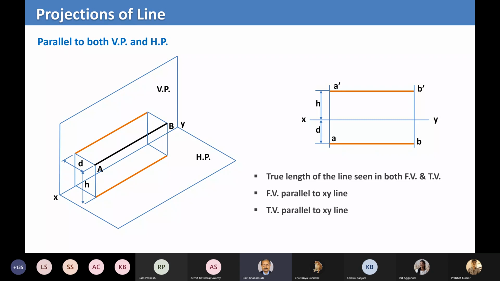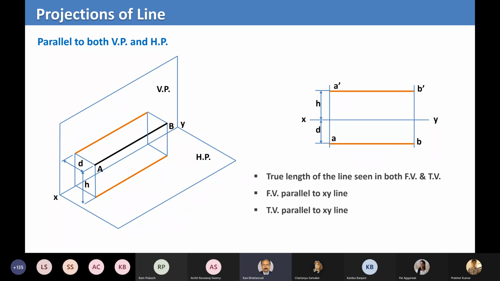It is away from the XY line but parallel to it, and therefore parallel to both the horizontal plane and the vertical plane. The line AB has a distance of small d from the vertical plane and a distance of h from the horizontal plane.